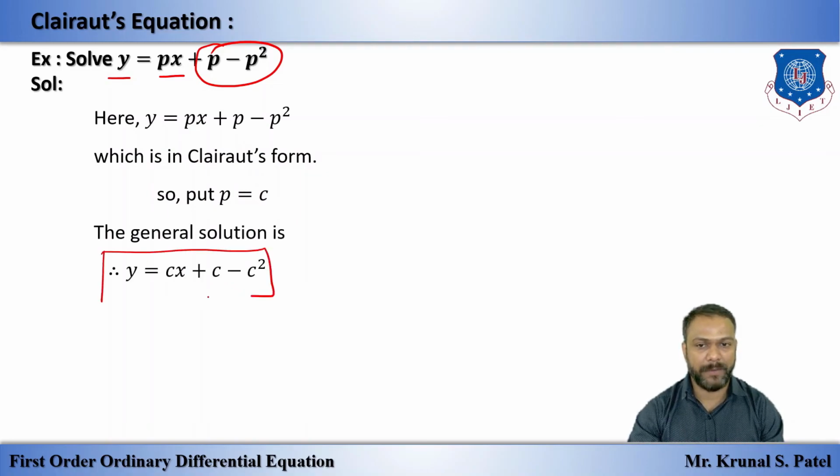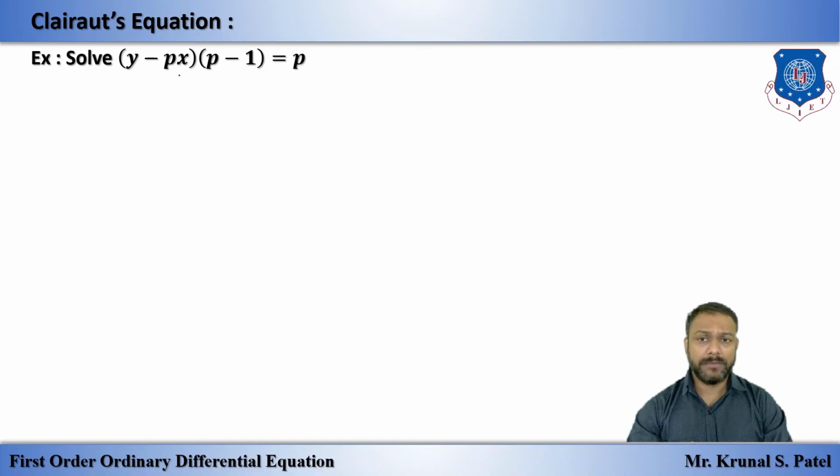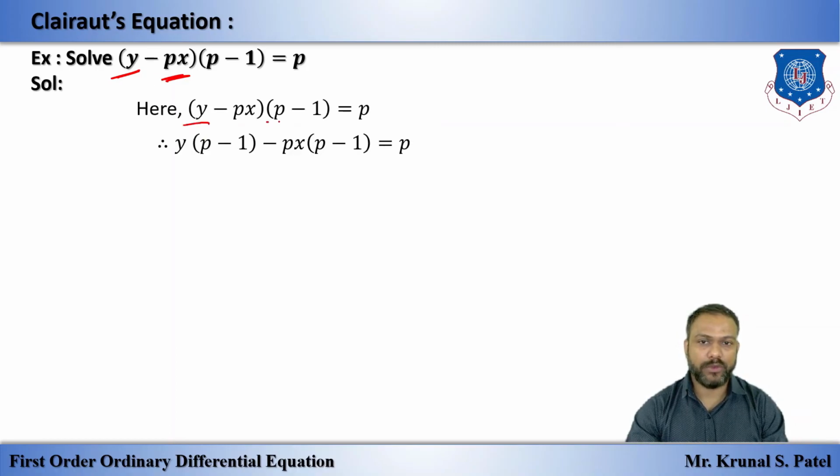So simple. But if the Clairaut form is not given directly, by observing the question we cannot find the Clairaut form, but we can see that y is raised to 1 and px is also 1. So let's try to make the Clairaut form. If it is possible, then we'll put directly p is equal to c. So we'll just simplify. So y into this bracket minus px into this bracket.